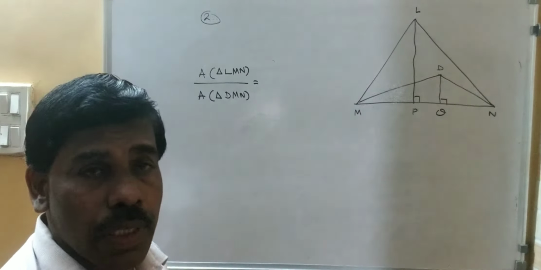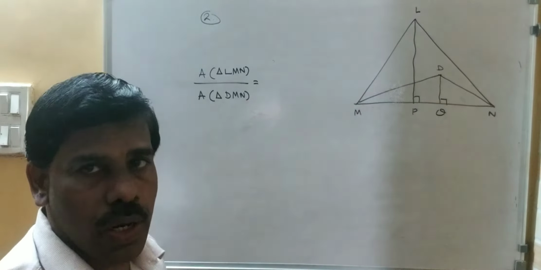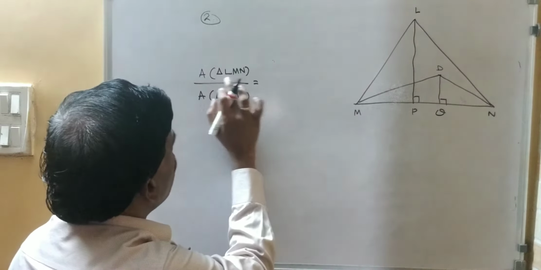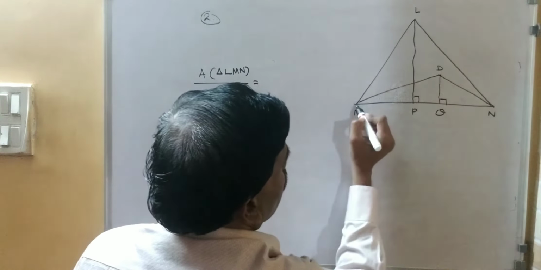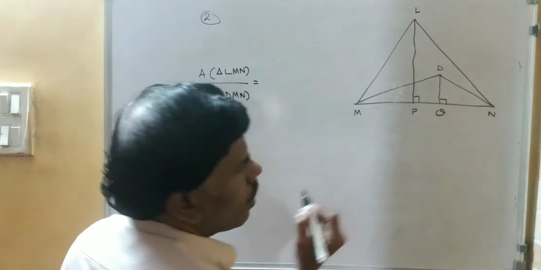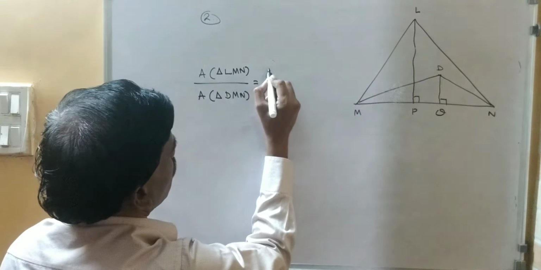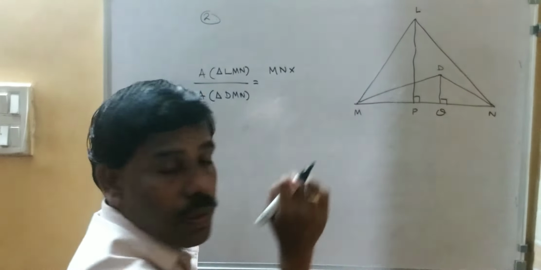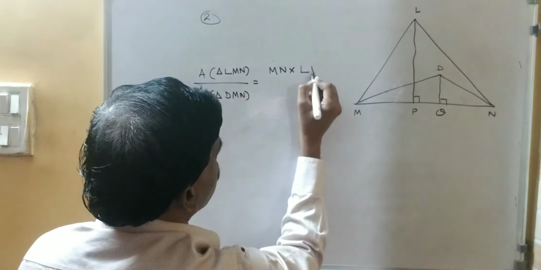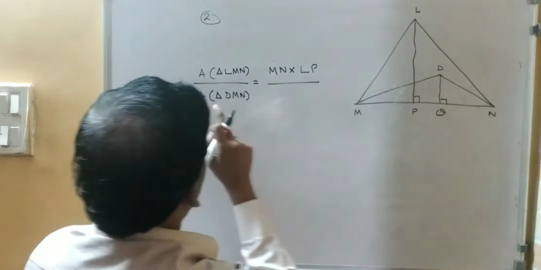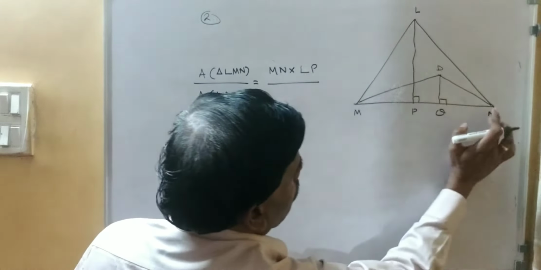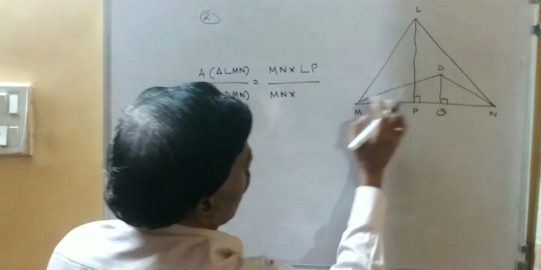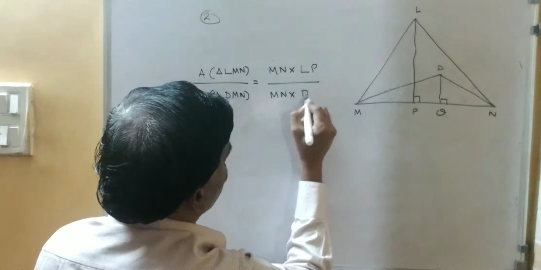See, from the first result, half will get cancelled. So, area of triangle LMN. What is the base here? MN. What is the height here? LP. Now, for DMN. What is the base again? MN. What is the height here? DQ.